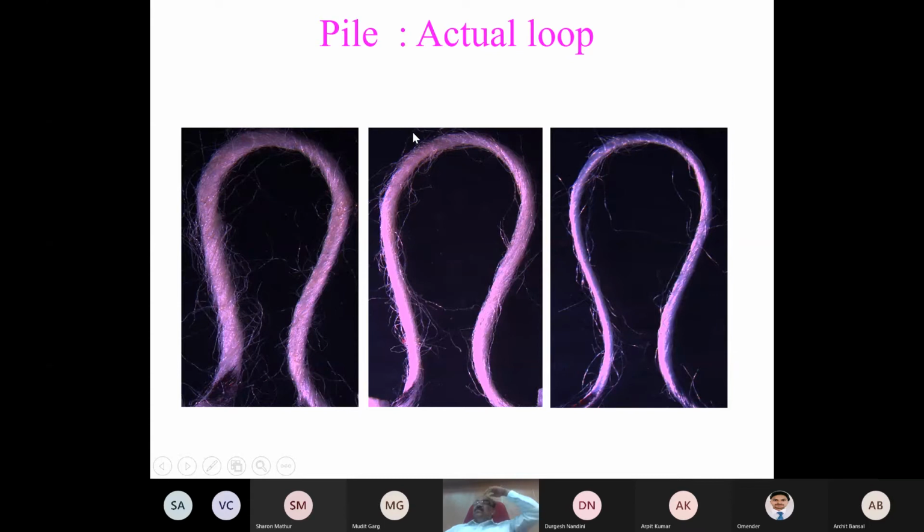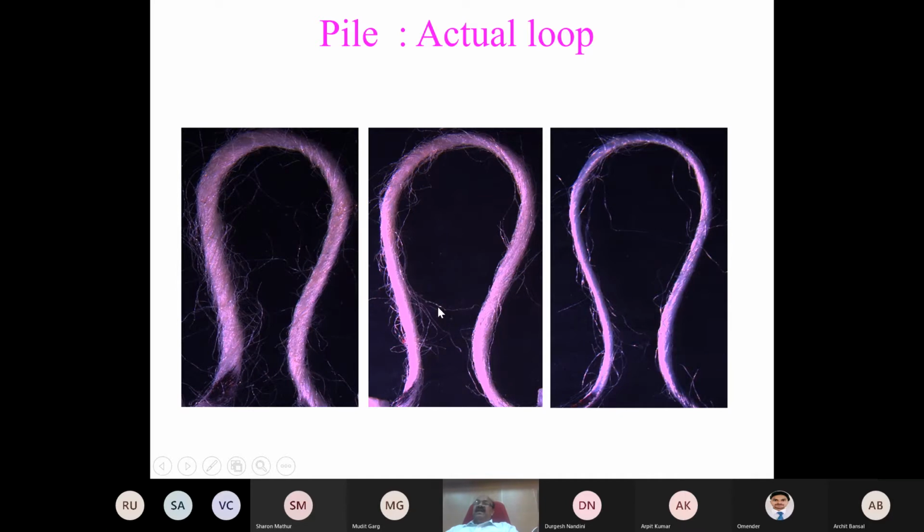They are all combined together and called pile fabric. As I said, pile can be either a loop or a strand, meaning cut thread. In towel, the loop lies in this form. And one can always characterize this loop to assess the properties of the fabric, which we will discuss in detail in the next class.